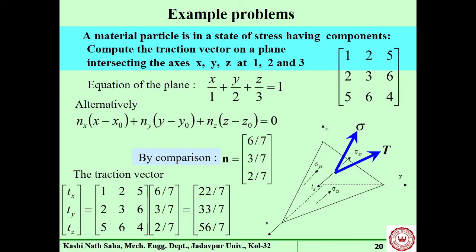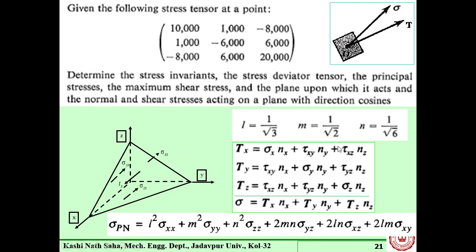So we have seen that T square is equal to sigma square plus tau square. But the determination of this sigma and tau, that we should find out also. Now you see this sigma, how to determine this sigma? Let us see this. First is how we find out T, that we already did in our program also, from the given state of stress matrix and from the given direction cosines of the particular direction.